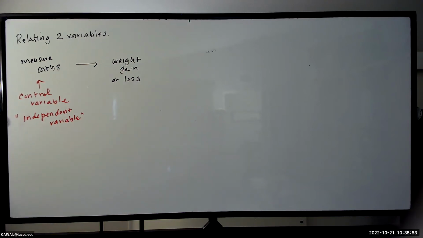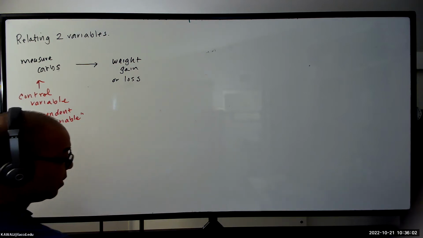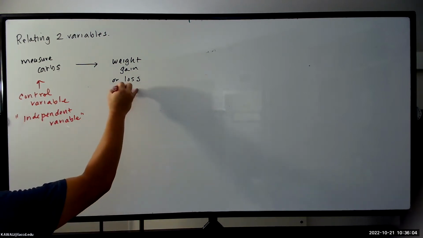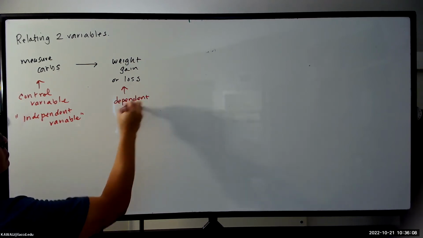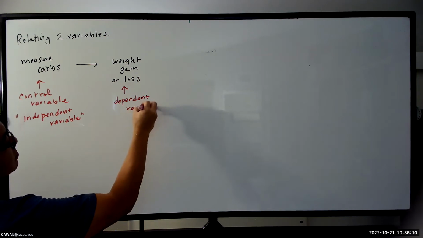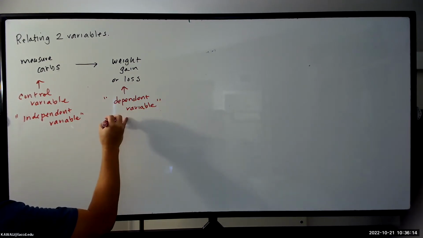So when we start our experiment, this is the thing that we're controlling. This right here is our dependent variable. It is what we measure at the end.